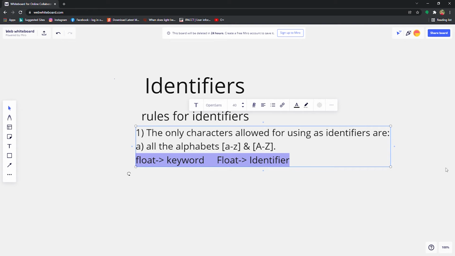So let me erase it. Again I am repeating, Java always treats the small letter characters and the capital letter characters, or I should say the alphabets, as different.